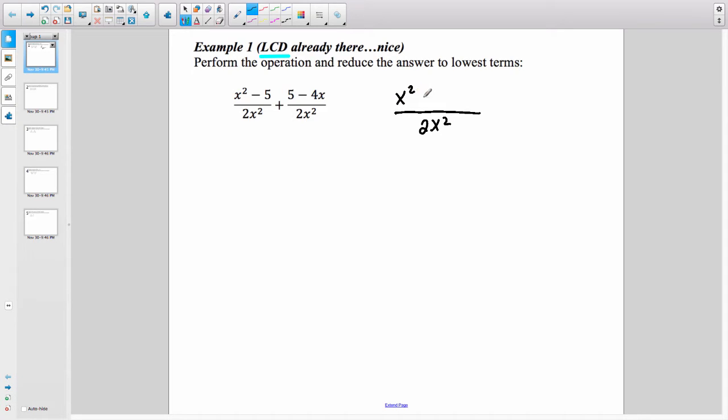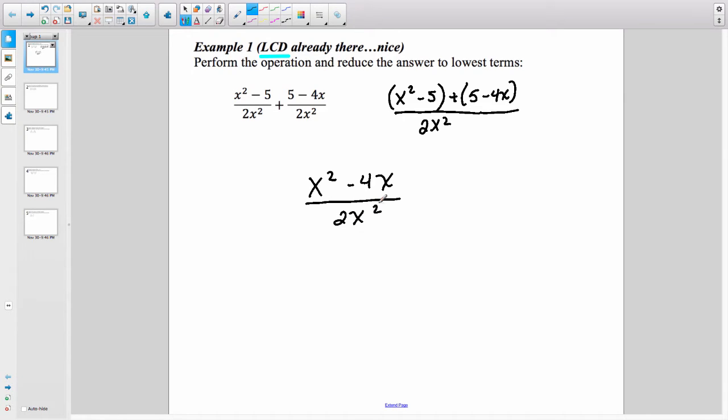So I have x squared minus 5, and I want to add that to 5 minus 4x. So what do we do? Combine like terms. So I have x squared, the 5's cancel, and I have a negative 4x, all on top of 2x squared.